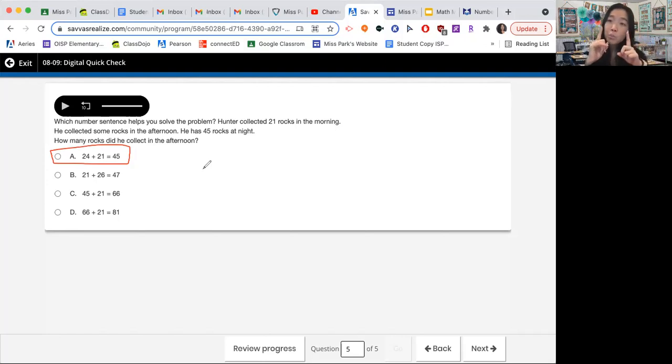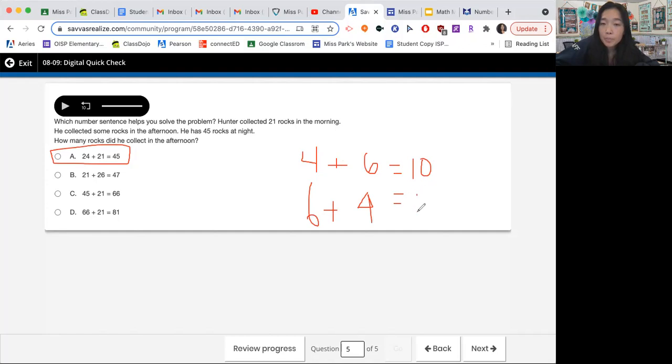If you have 2 plus 3 and you switch the numbers to 3 plus 2, the answer will still be 5. If you have 4 plus 6 equals 10, and we switch these addends to 6 plus 4 equals 10, the answer would still be 10. It doesn't matter if you switch the addends. If you guys have been practicing BTBF, you'll learn that it doesn't matter which number comes first in the parts, your whole will always be the same.